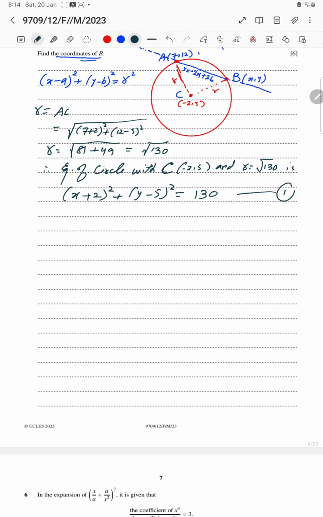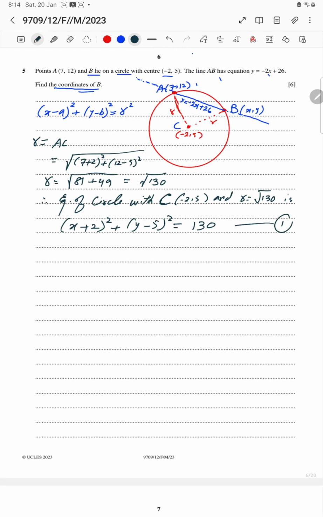This becomes equation number 1. After getting equation number 1, we have to find the intersecting points of the line and the circle. So substitute the y coordinate from the line given in the question into 1. We have the line y equal to minus 2x plus 26. Substitute it here.